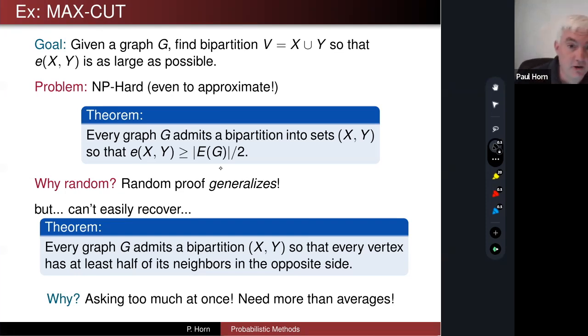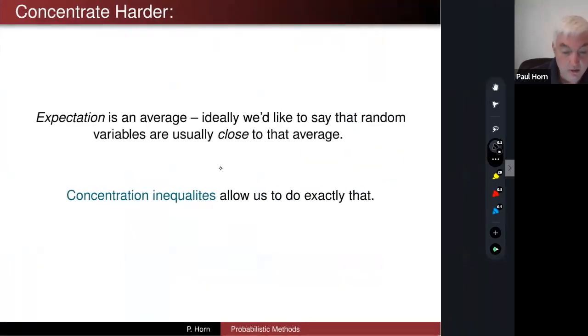So I've got a half hour left. I want to take a step beyond what we've been doing so far, which has all depended just on the expectation, and talk a little bit about how one moves beyond this, which is really through the use of what are known as concentration inequalities.